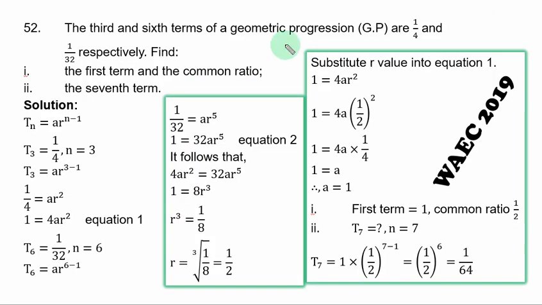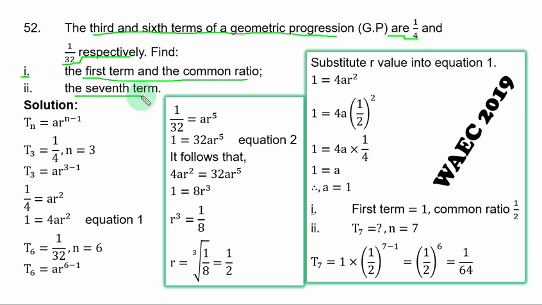Example 52. The third and sixth terms of a geometric progression are 1/4 and 1/32 respectively. Find (1) the first term and the common ratio, (2) the seventh term.